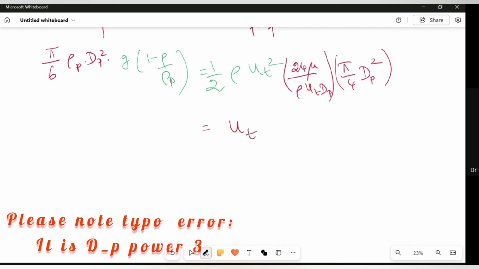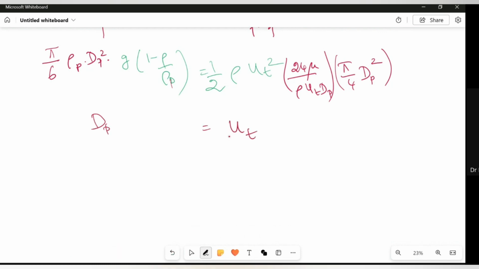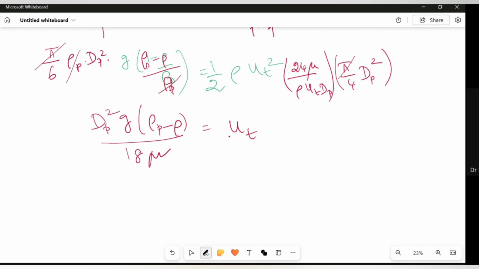If I keep ut on the right hand side, dp square will stay back, g will stay back, rho p minus rho will stay back, and we are going to have 18 mu. Please check what we are doing here. Here you have 6, 2, 4, 24. They all get cancelled to become 18. We can write 1 minus rho by rho p like rho p minus rho by rho p. So this rho p will get cancelled, pi will get cancelled.